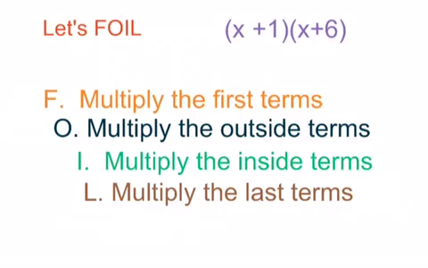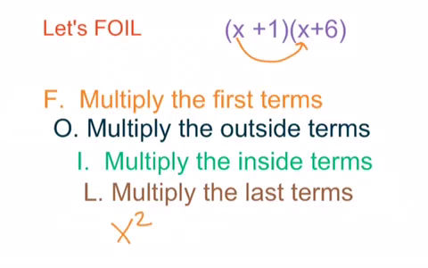FOIL stands for an operation of how to remember how to multiply binomials, okay? So first, you're going to multiply the first terms. That means you're going to multiply x times x first. X times x is going to give you x squared, okay? O stands for multiply the outside terms.